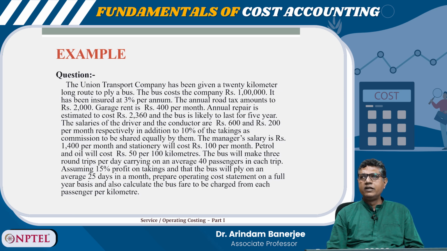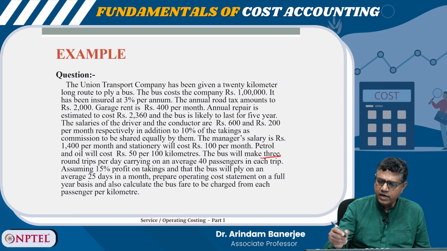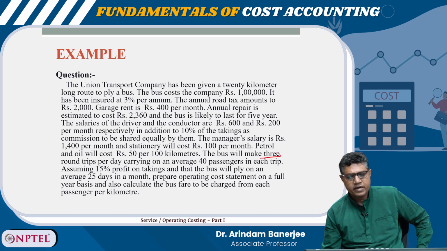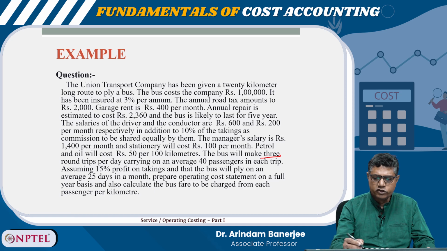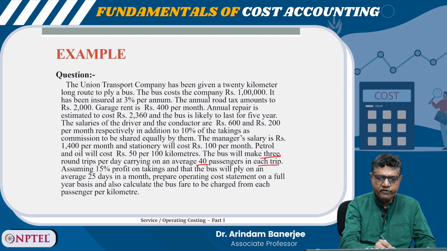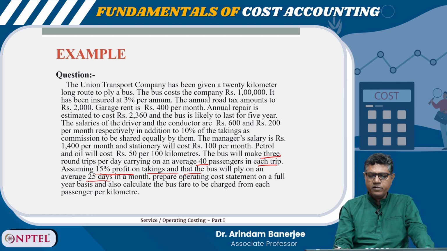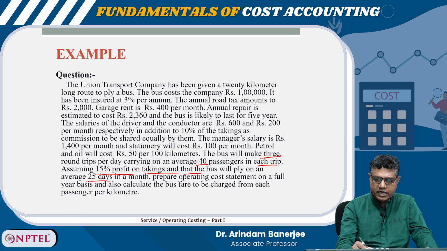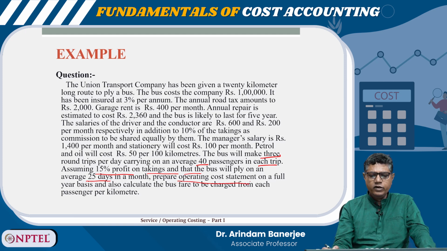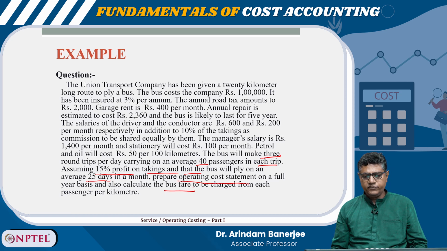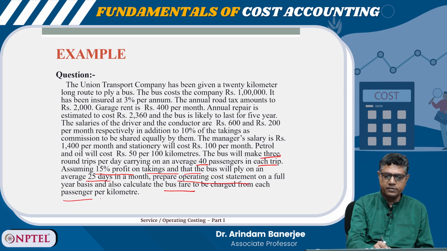The bus will make 3 round trips per day, carrying on average 40 passengers in each trip. Assuming 15% profit on the takings and that the bus will ply on an average 25 days in a month, prepare the operating cost statement on a full year basis and also calculate the bus fare to be charged from each passenger per kilometer.